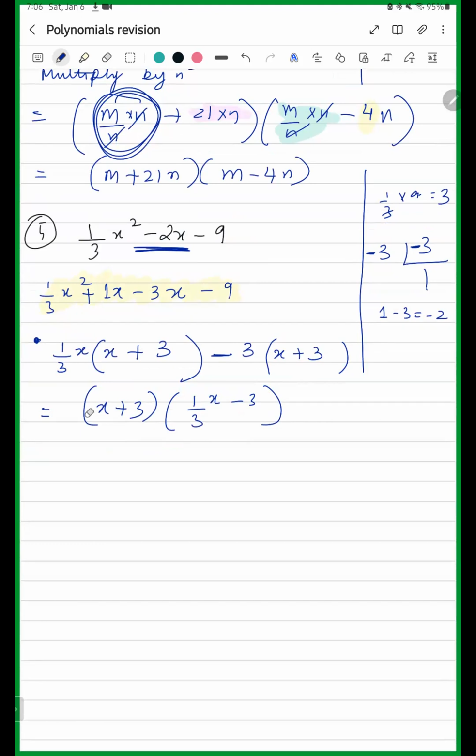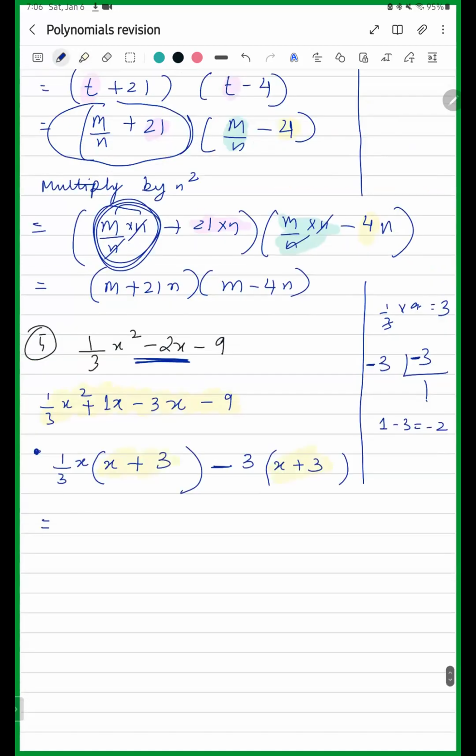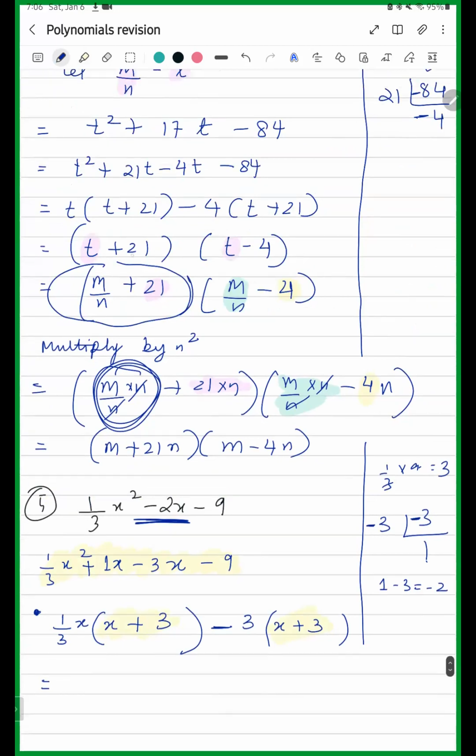what do we always do? We always, whatever is the common bracket, we write that. Even if you want to see, like, even over here, what did we do? Look at this step. We had t into t plus 21 minus 4 into t plus 21.